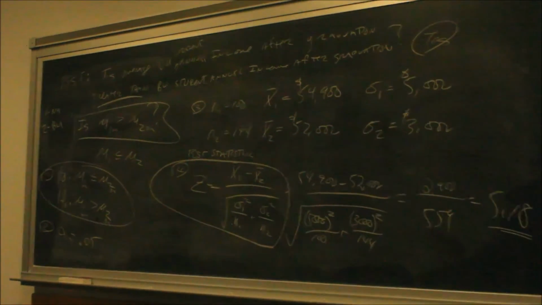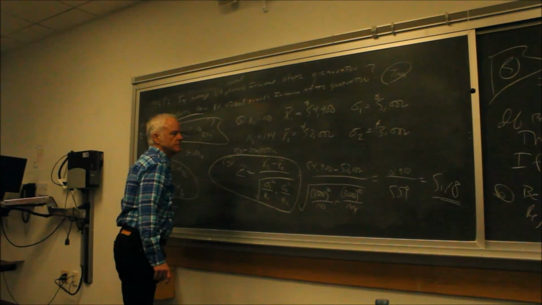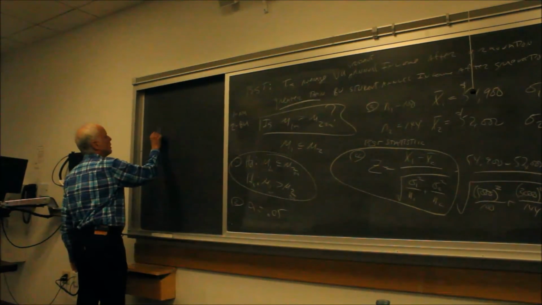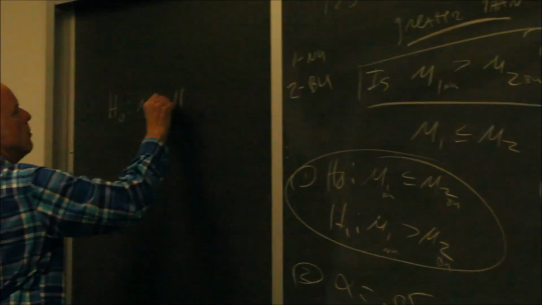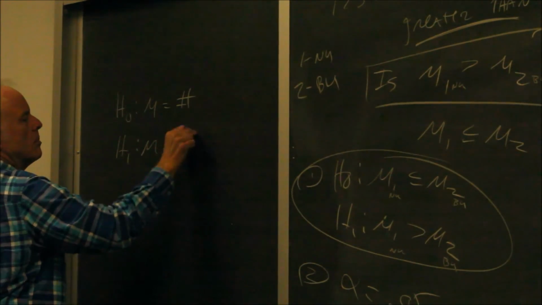Okay, so the first page starts out with H0: mu is equal to some number, and then H1 is mu is not equal to some number, correct?